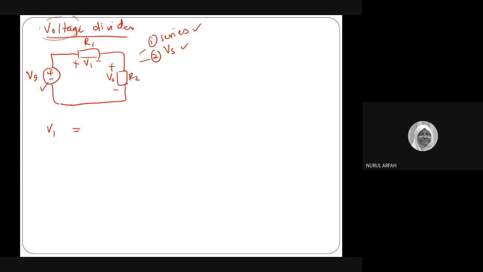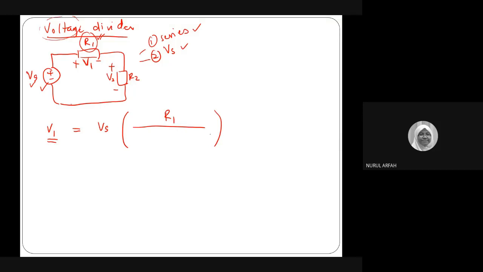First, you're going to find V1. You need the voltage source, then you need to apply this into what? Since you want to find the voltage drop across this resistor R1, the V1 drop across R1, then you're going to apply this R1 on top of here. Is it okay?